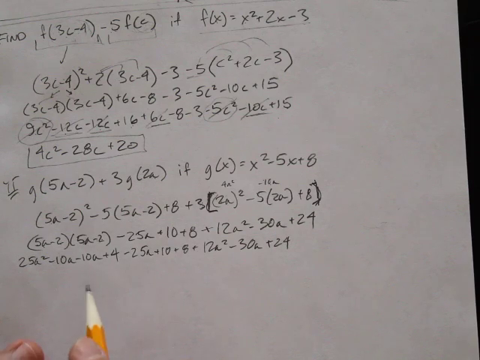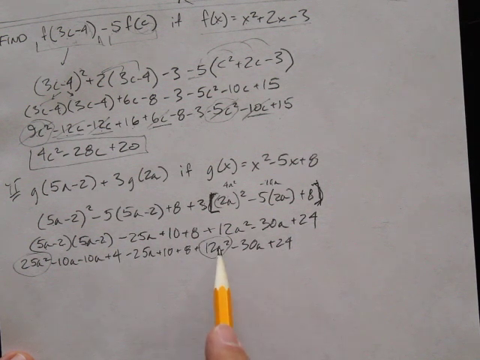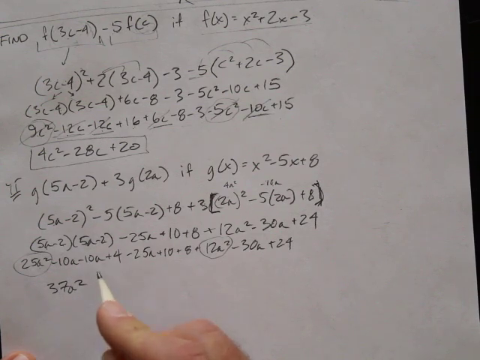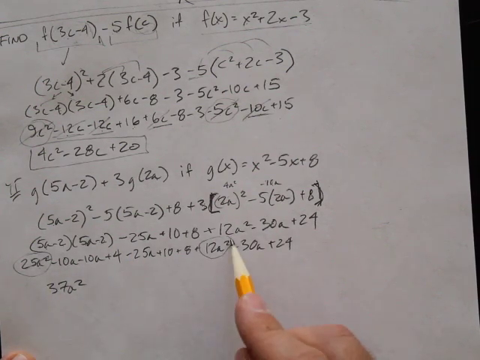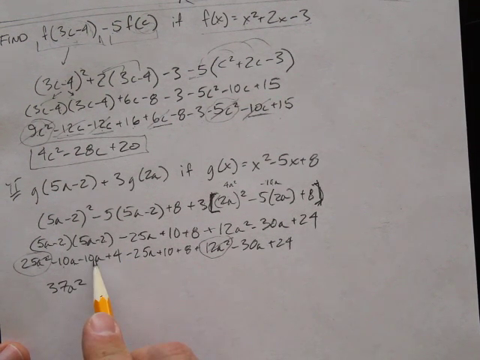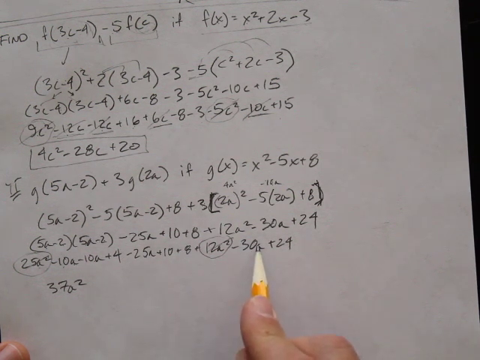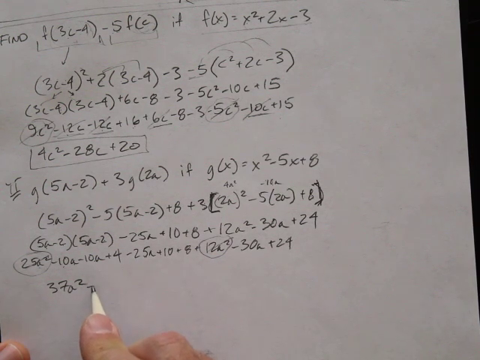All right, now let's combine like terms. I've got 25a squared and I've got 12a squared. I don't see any more a squareds, so that'll give me 37a squared. And I'm going to cross those out. And then I've got negative 10a and negative 10a, that's negative 20a, minus 25a, so that's negative 45a, minus 30a, that'll give me negative 75a.